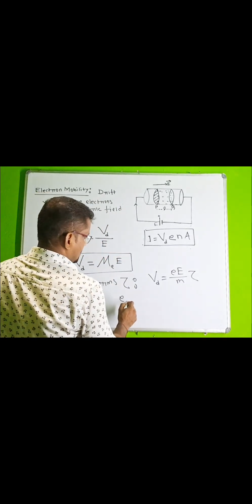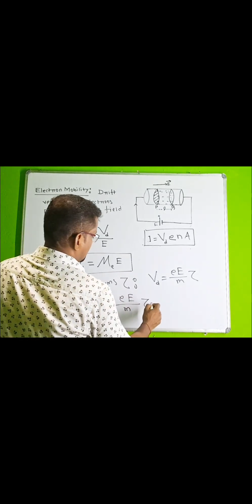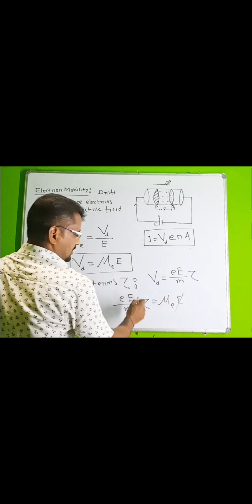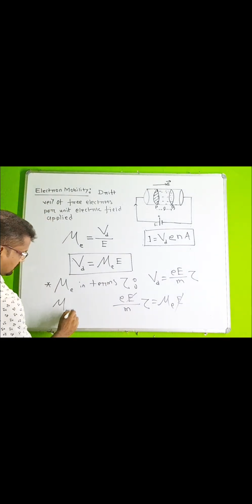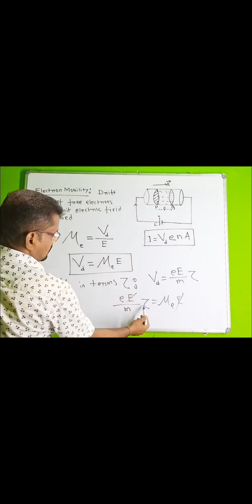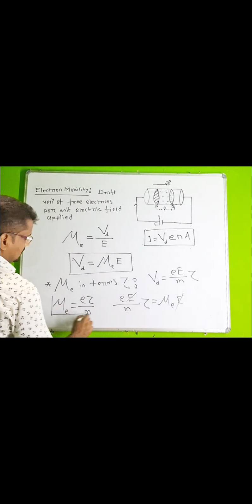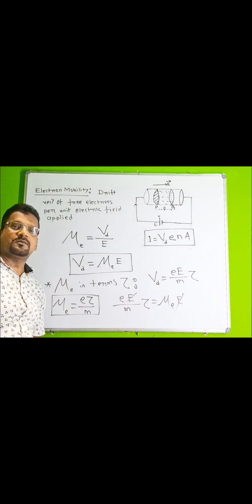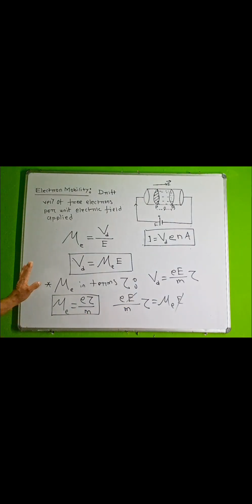Then it is eE over mass of electron, tau, equals mu e times E. Then E cancels out and you will get mu e equals e tau by m, that is charge, average relaxation time, by mass of electron. So this is electron mobility written in terms of average relaxation time tau.